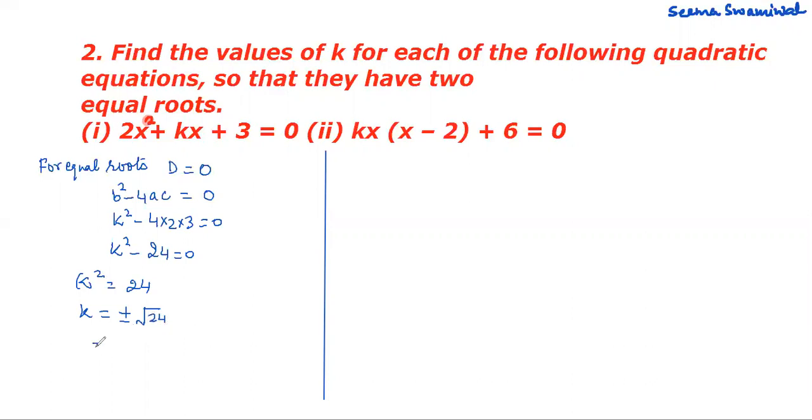The 24 can be written as 2 into 2 into 2 into 3. So this pair can be taken out. So that means the value of k is plus minus 2 square root 6.